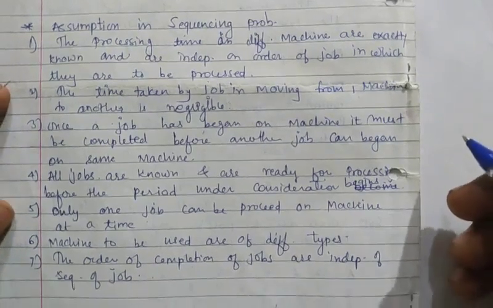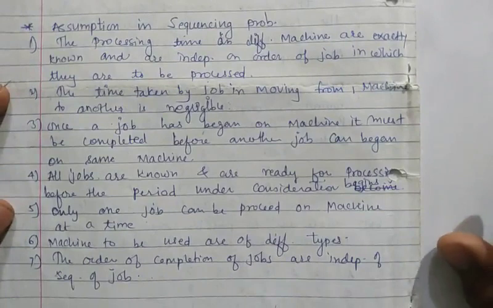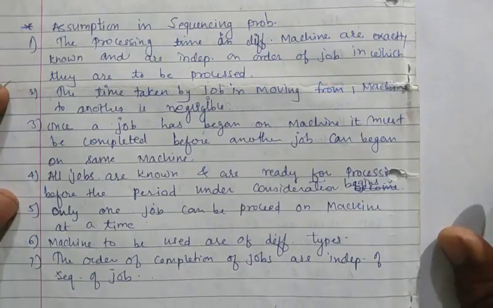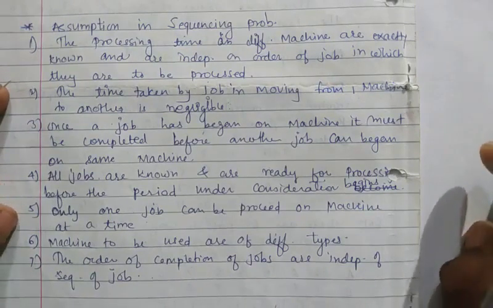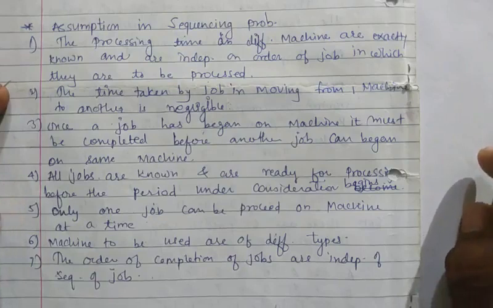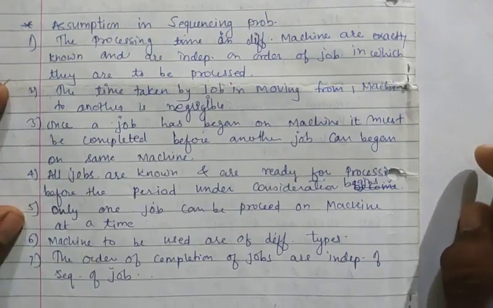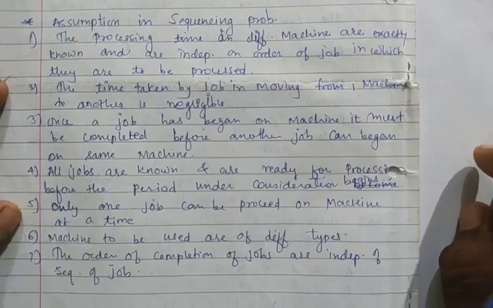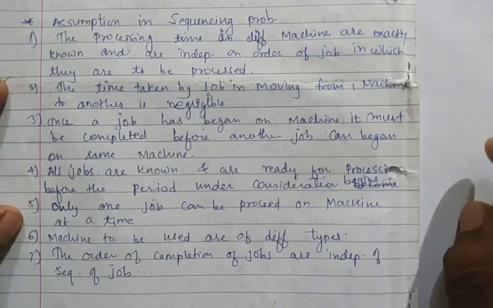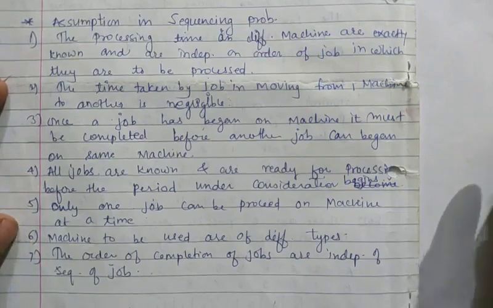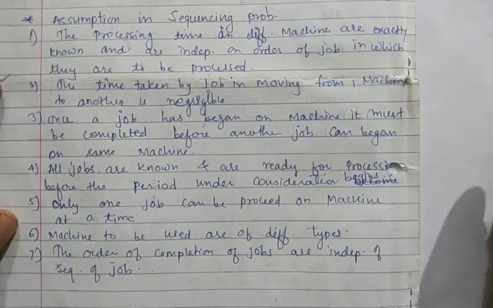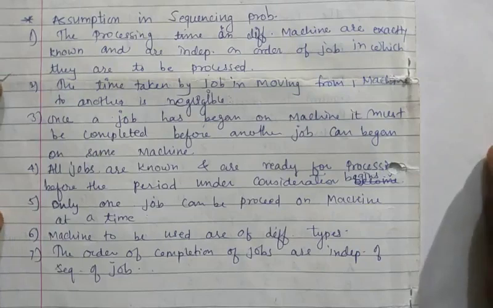Fourth, all jobs are known and are ready for processing before the period under consideration begins. Fifth, only one job can be processed on a machine at a time. Sixth, the machines to be used are of different types. And the last one is that the order of completion of jobs is independent of the sequence of jobs.